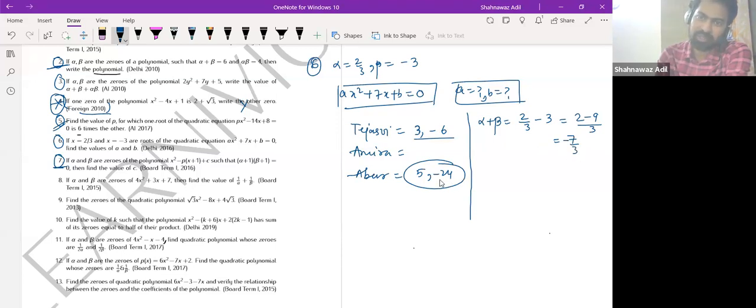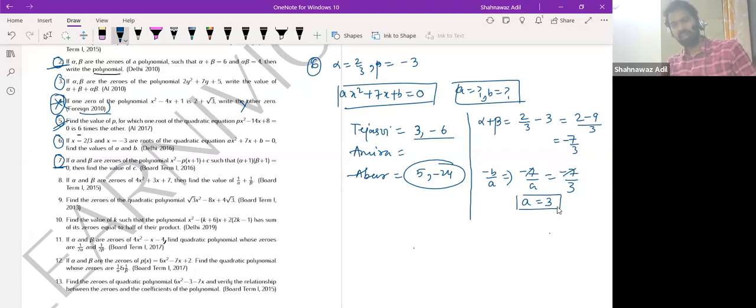This is alpha plus beta, which is minus b by a, which is minus 7 by a, and which is minus 7 by 3. So minus 7 cancels, a would be 3, right? Yes, sir. What was the mistake, Abhi?